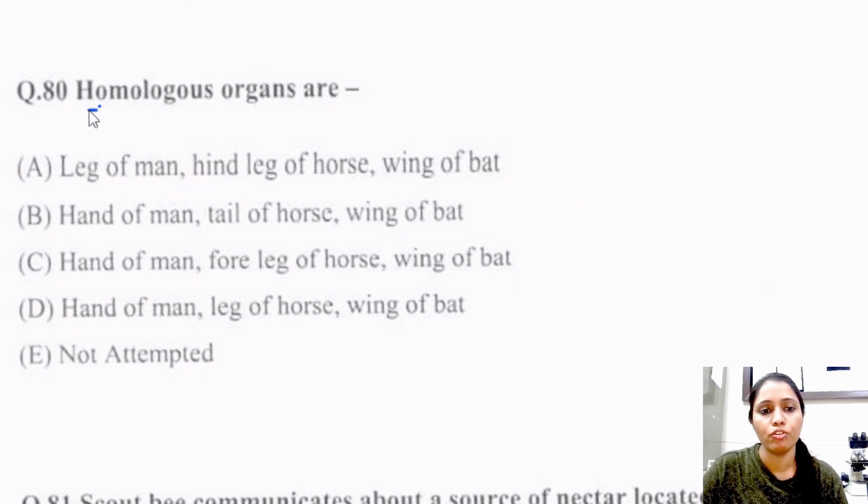Another question from evolution. Homologous organs are... So what are homologous organs?